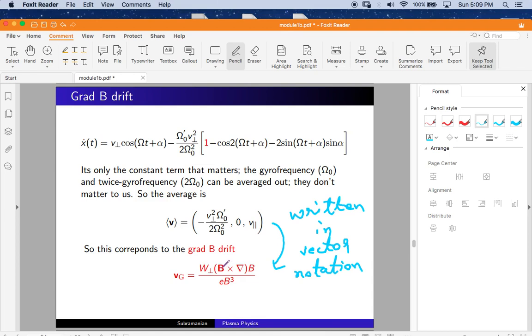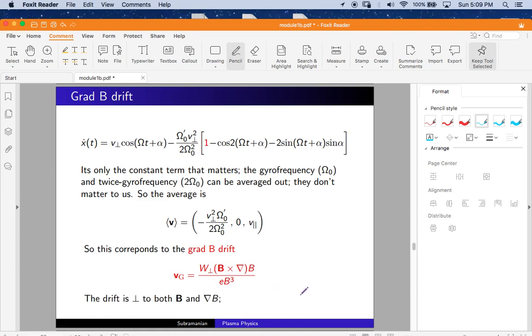So the main thing here is that you see, even here it's evident that B is along this direction, and the gradient was along the y direction, and the direction of the drift is along the x direction, which is perpendicular to both the gradient as well as B, and that's very clear from this kind of expression. Yeah, the drift is perpendicular to both B and grad B. I believe this is simply 1/2 B perpendicular square. That's what this W is. Please verify this. I don't want to vouch for this at the moment.